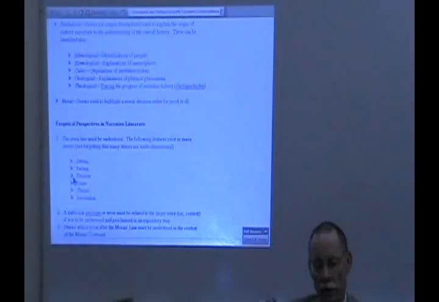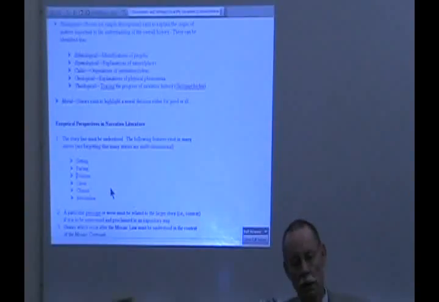We want to see if we can analyze narrative from this perspective. Okay? And it will also give you some indicator, hopefully, of how to interact with these issues when you work on your own passage. Hopefully by the time we're done with narrative literature, you'll be somewhat comfortable with your passage.